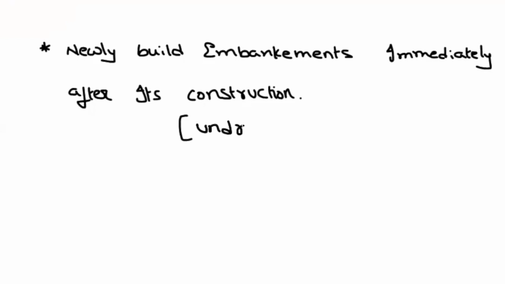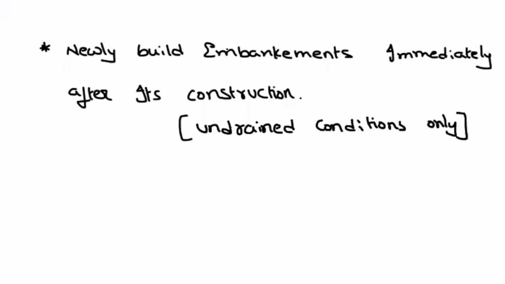So whatever may be the state of the finite slope, you have to use undrained conditions only. Why? Because as it is applicable for newly built embankments, the water will not go away from the soil immediately. That's why we apply it only for undrained conditions.